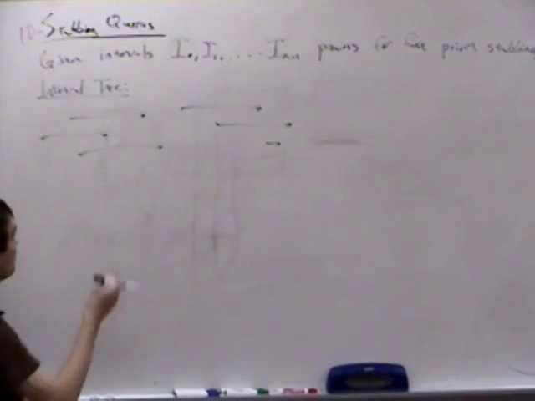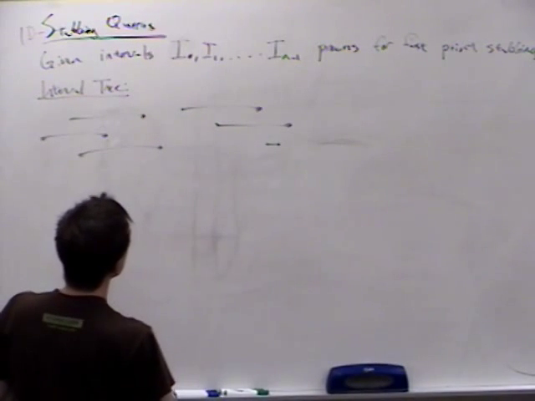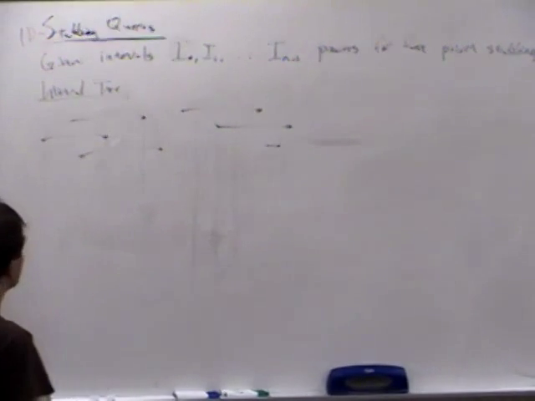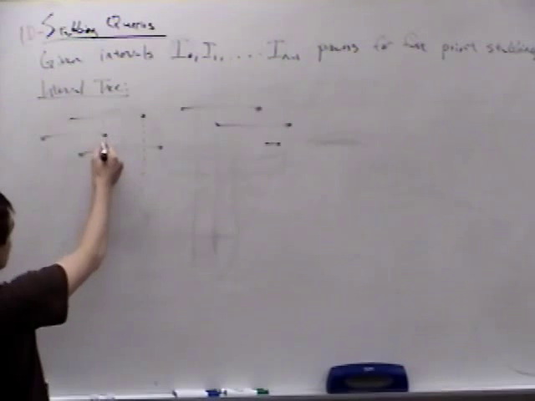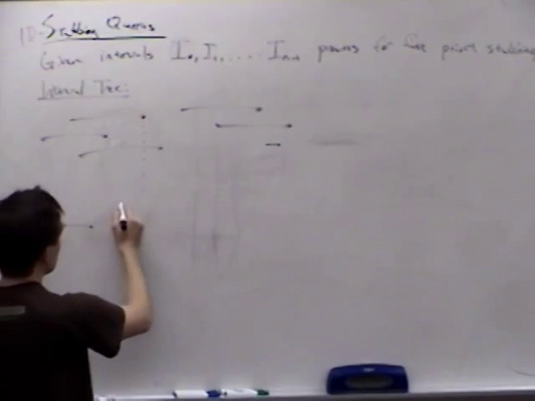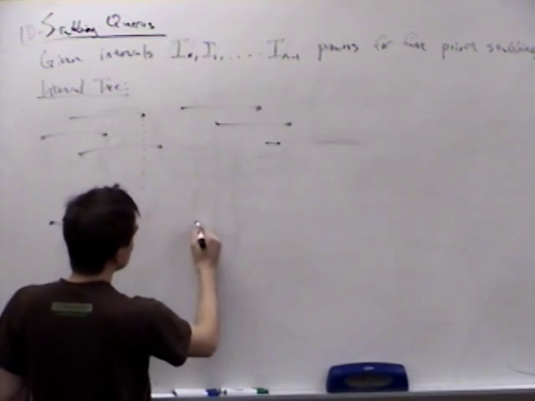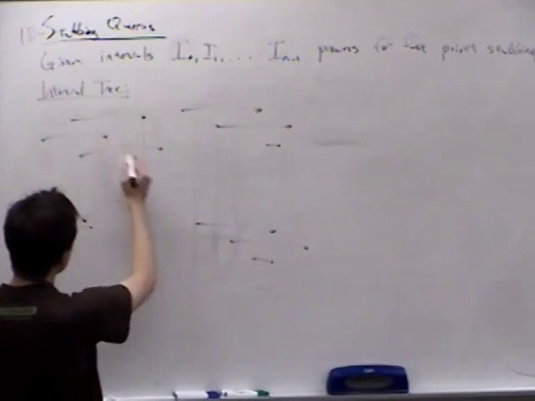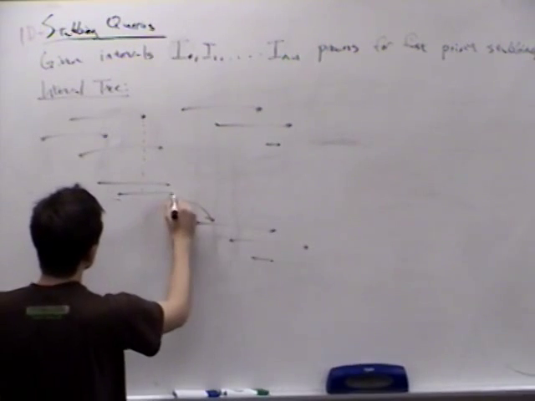So suppose we select this point here as our median for splitting the line segments. We'll take all of the line segments which are to the left of this median. They don't cross it, so they're going to go sit inside some other tree, to the left of this node. Similarly, all of the line segments to the right of it are going to sit in their own tree off to the side. And then the line segments which happen to cross will get stored in the node of this tree.